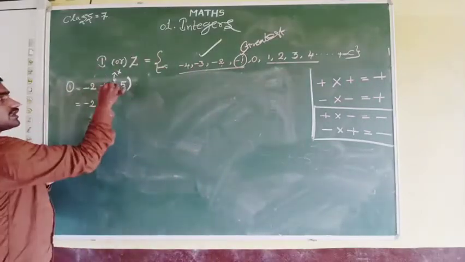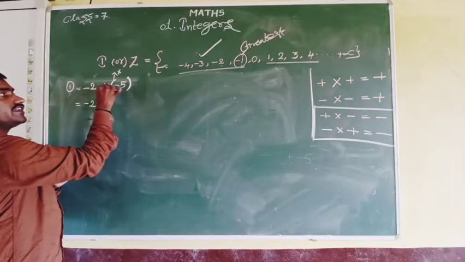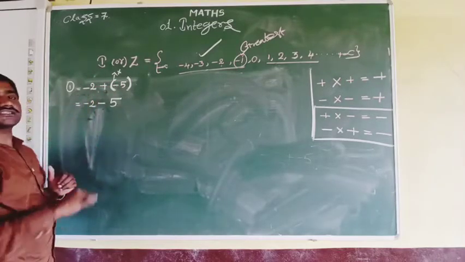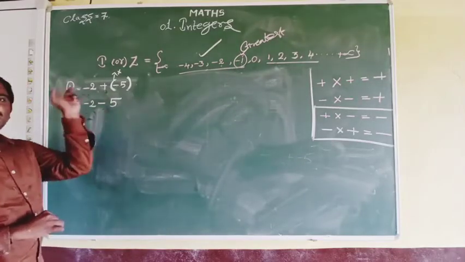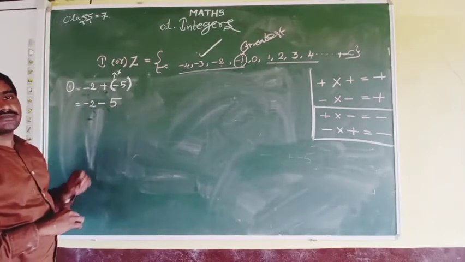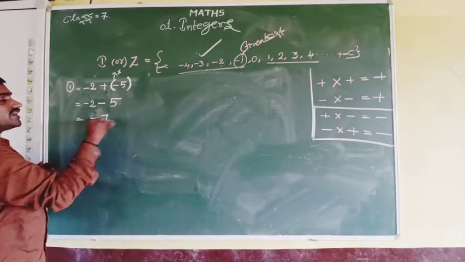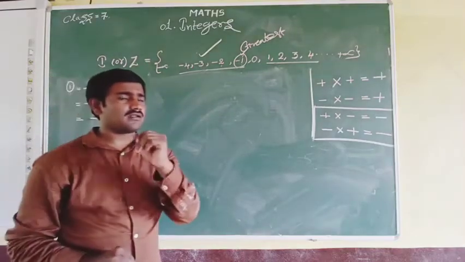So this symbol, plus into minus, gives us minus, and directly you can write it as 5. Now, as we have just learned how to do the operations here, there are two negative numbers. The sum of two negative numbers is always a negative number. Let us take one more example.